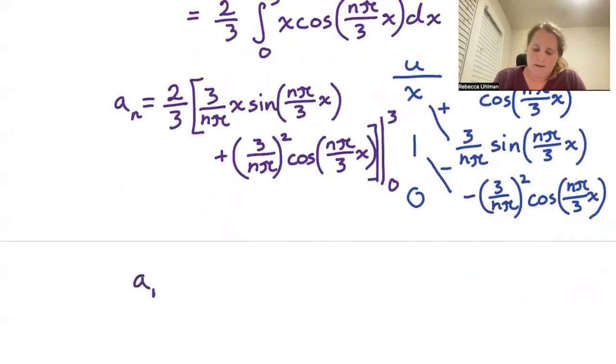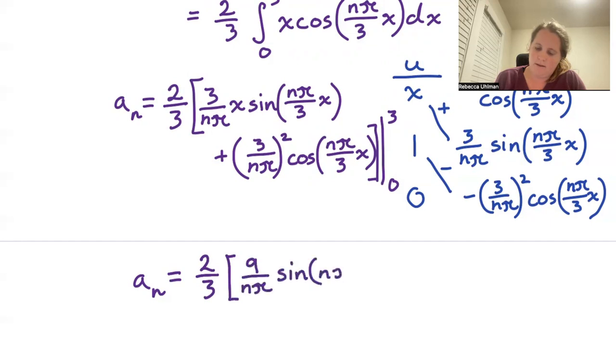This becomes a sub n is equal to 2/3 times, we would have a 9 over n pi times sine of n pi plus 3 over n pi, all things squared, times cosine of n pi.